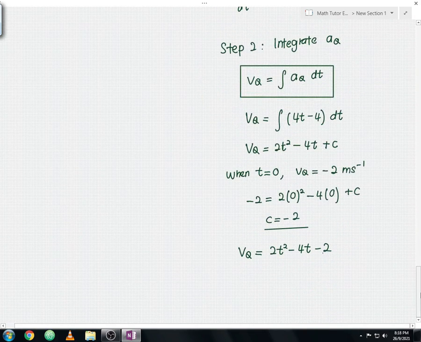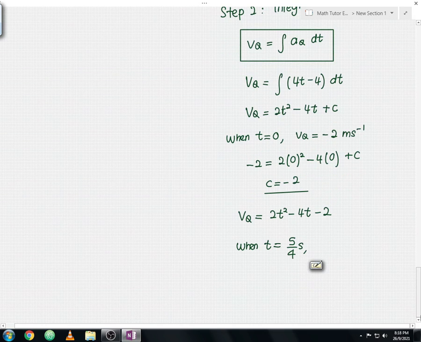This time value you substitute into the velocity equation Q. So when t is equals to 5/4 second, your velocity Q is equals to 2 times 5 over 4 square minus 4 times 5 over 4 and then minus 2.